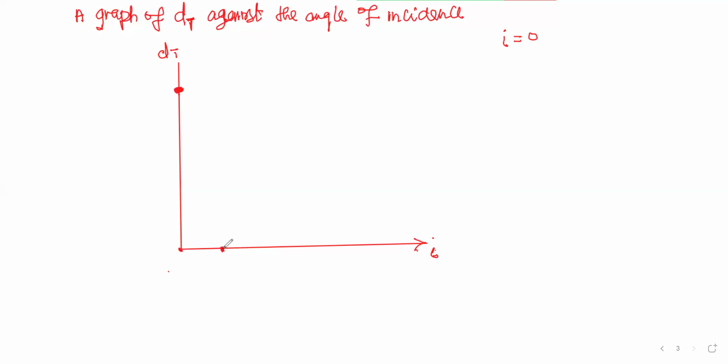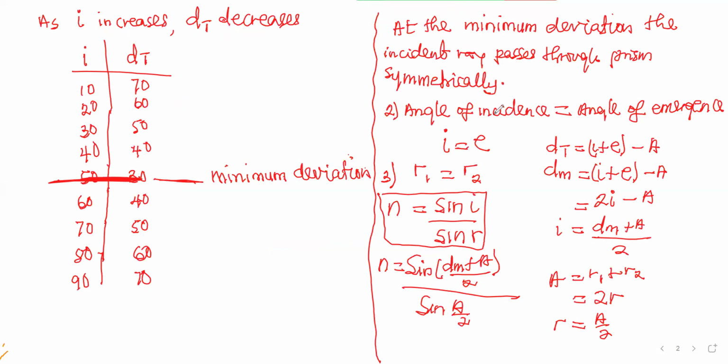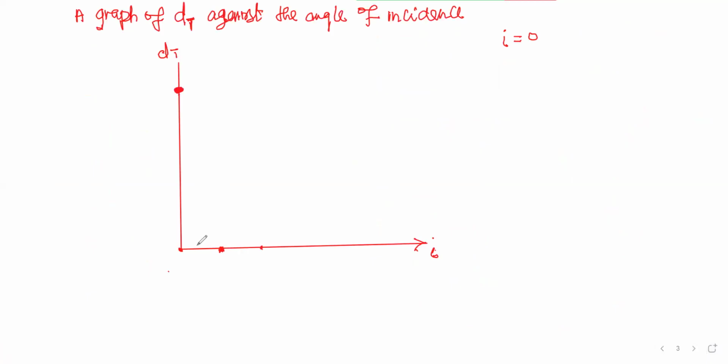As I increases, what happens to the deviation? From the theory, we are seeing that as I increases, D must also decrease. So this will be the expected values. This is maybe increasing to 10, 20, 30, 40, and our expected value for the deviation is that it must also be decreasing.